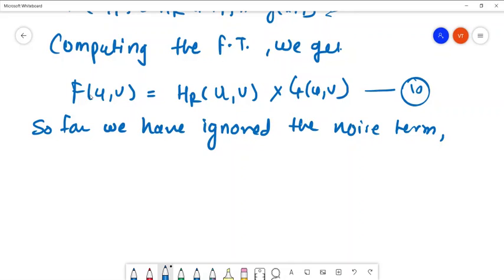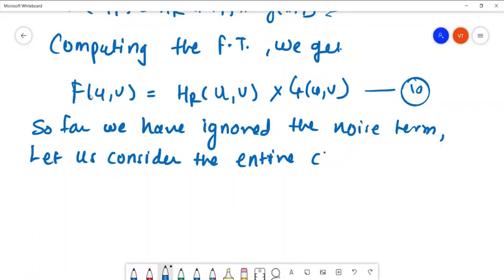It means now here we are going to consider the degradation as well as the noise. So let us consider the entire chain now as shown in figure 2.